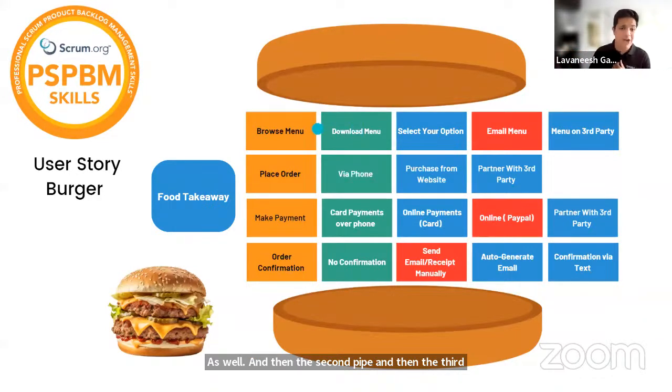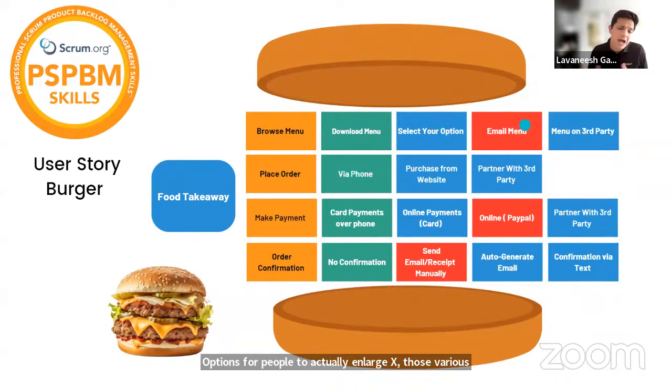So when I'm building my first system, I can say that from the browse menu, for simplicity's sake, I want to start with downloading the menu. Another one could be, yes, I want to have the option for people to enlarge those various options and select them, but that may come in the future.